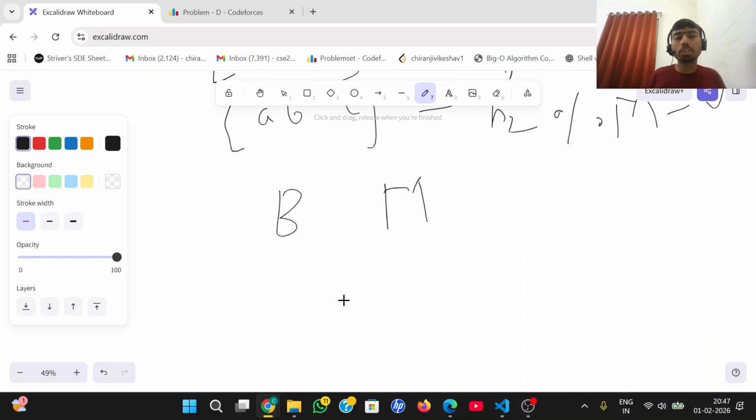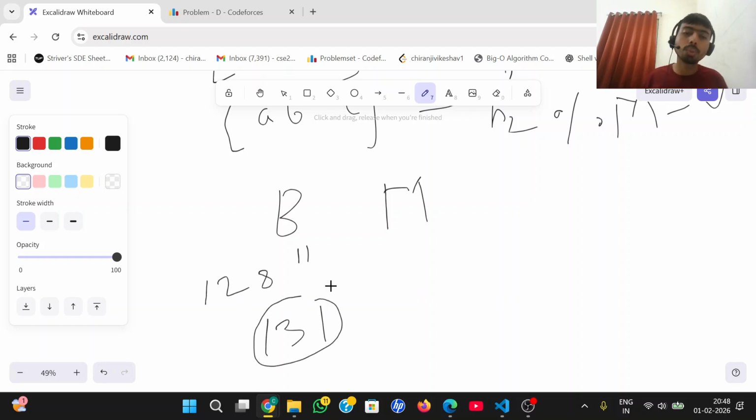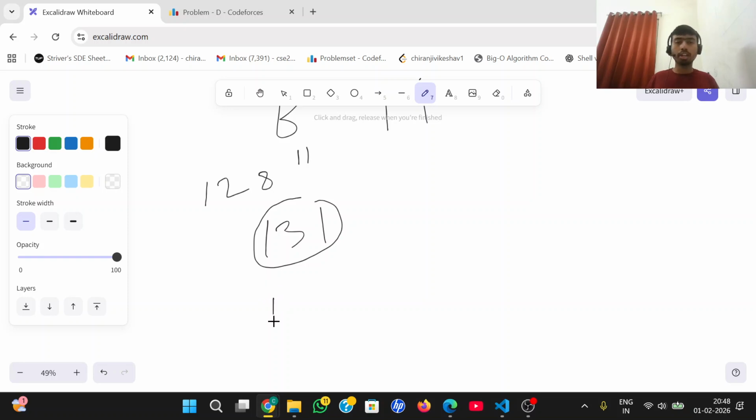So what value of b should we take, and what value of m should we take? First of all, tell me how many characters are there in our computer system? It is 128. So we keep the value of p as 131, which is just greater than this one, and it is a prime number. So we keep the value of b as this one, or there is another value also, which is 137.